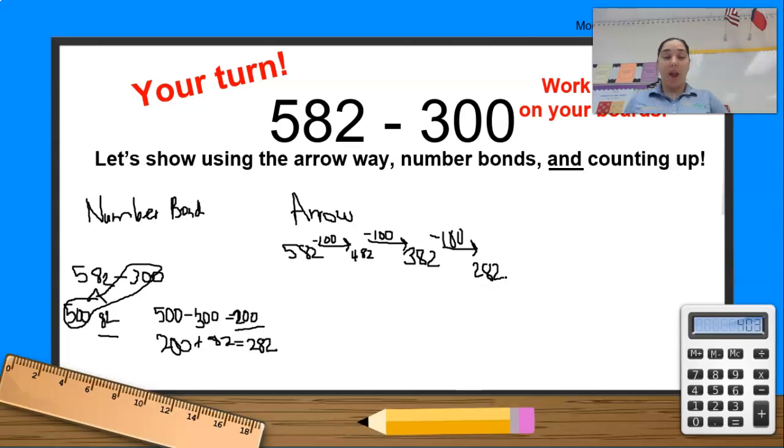No matter which way I write it, no matter which strategy, every time you are subtracting a number of 100s, the ones and the tens stay the same. Look, the ones and the tens didn't change because I'm only taking away hundreds.